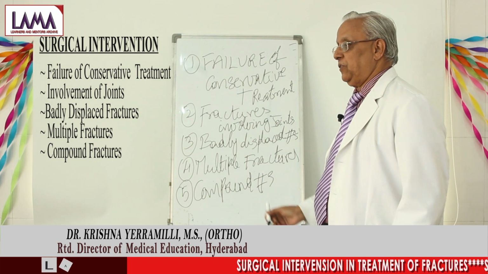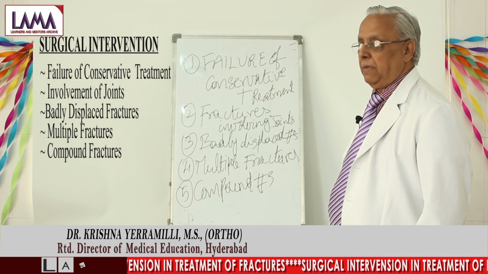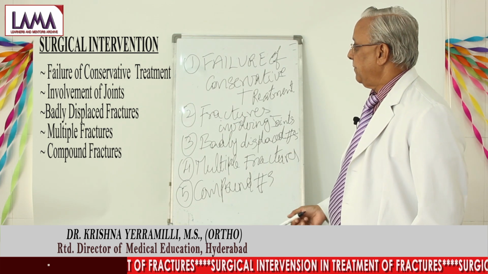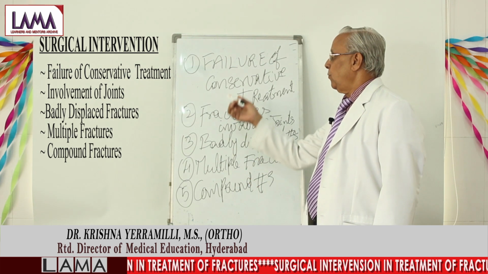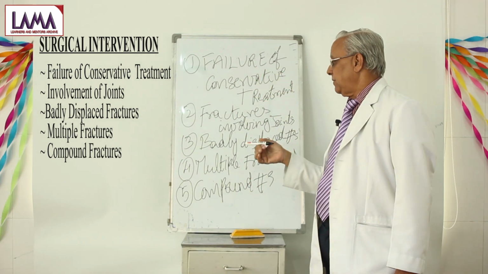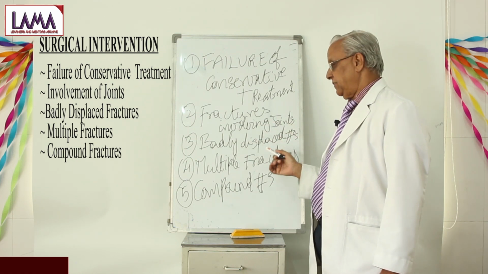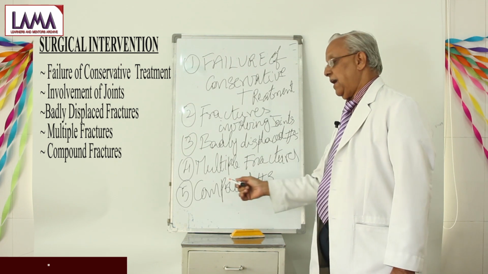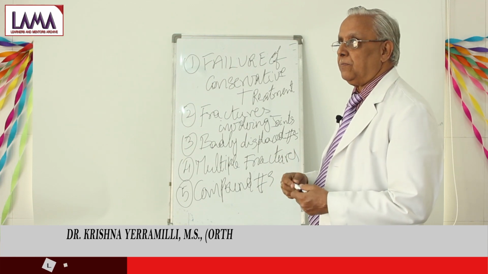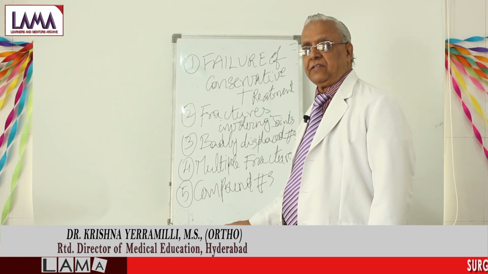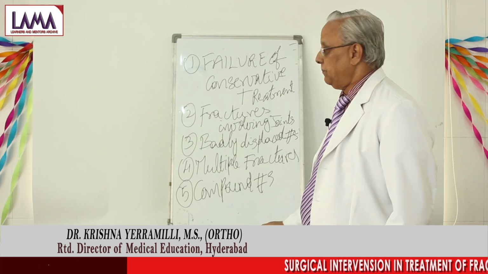So, these are some of the things where it becomes almost mandatory, or very, very important, to subject the patient to surgery. One is failure of conservative treatment, fractures involving joints, badly displaced fractures, multiple fractures and compound fractures. Of course, there are other indications, such as complications of fractures like delayed union, non-union, etc.